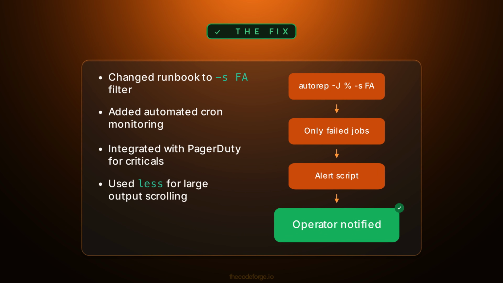A cron job runs autorep J% SFA, grep -v "no jobs match", and sends email if output is non-empty. Third, integrate critical failures with PagerDuty. Finally, wrap autorep in a script that formats output and highlights failures in red. The key change was using the SFA filter to avoid the terminal flood.